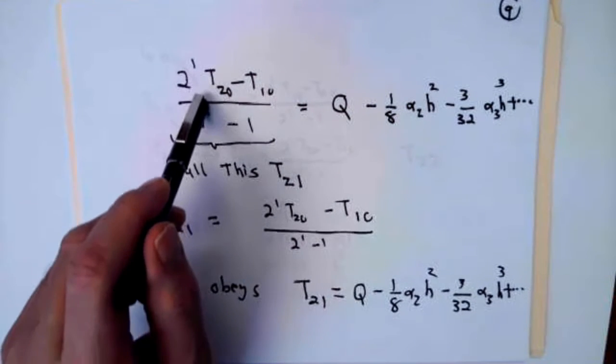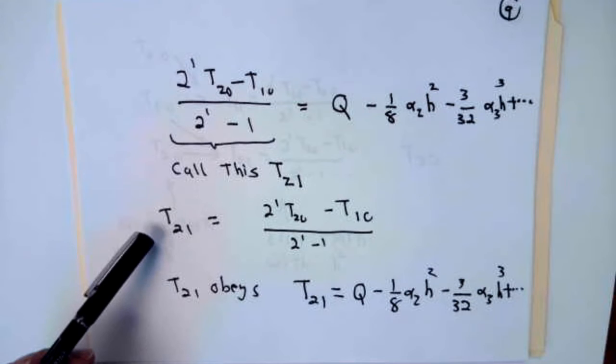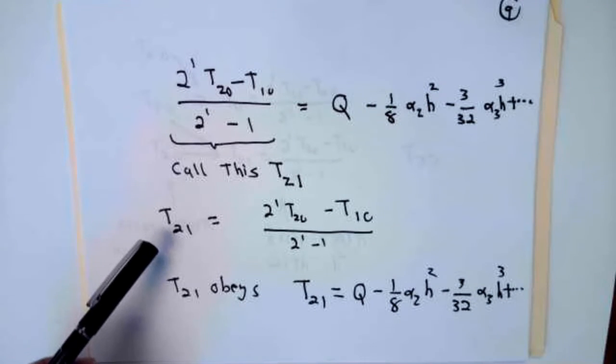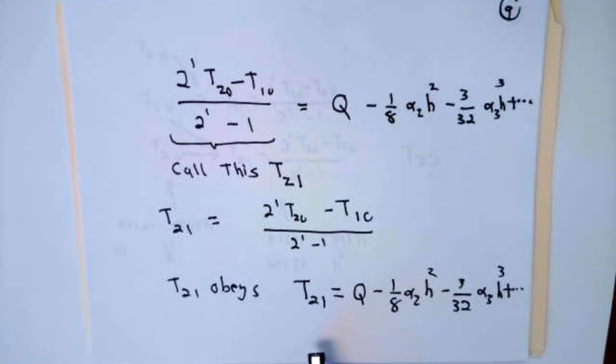We will call this number T21, and T21 obeys this equation, which is the same as that equation. By taking two combinations of different pairs of these values, we obtain two different approximations which are accurate to order h squared.